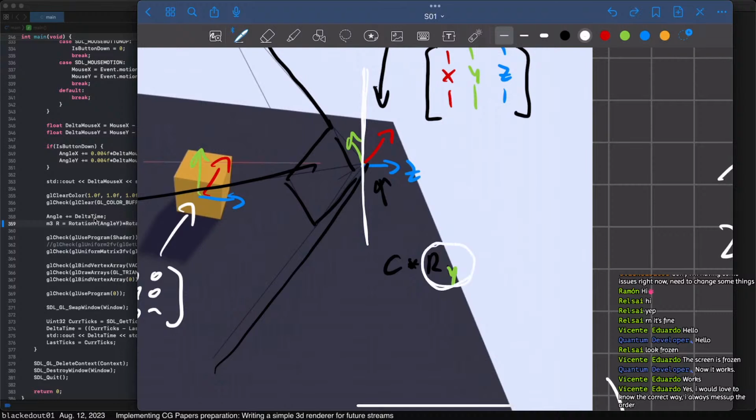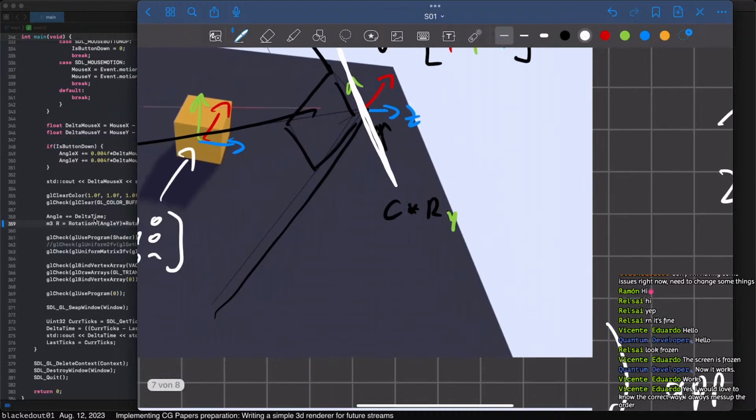But this right multiplication transforms it in the local space. So it transforms it around this axis here. So right multiplication, what this does is like a local transform.